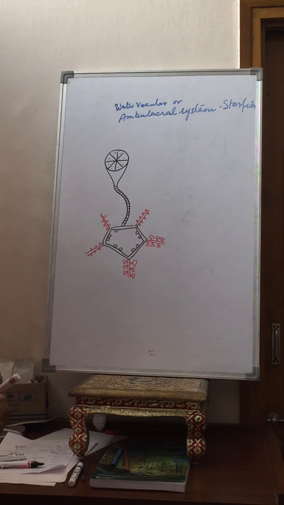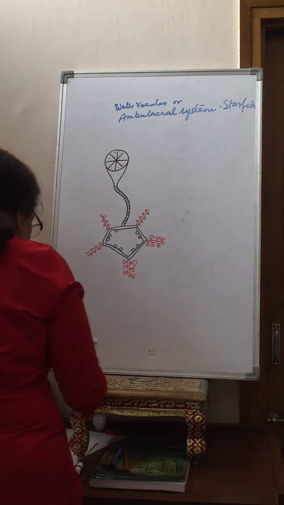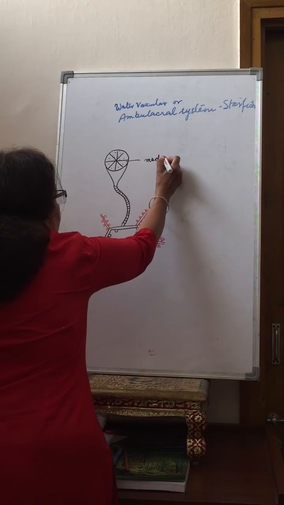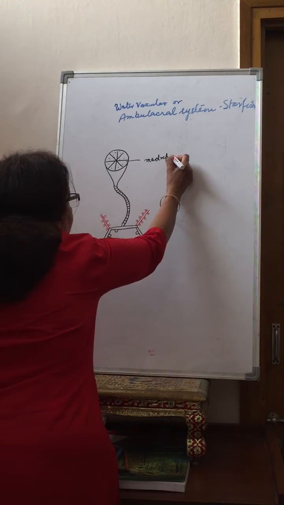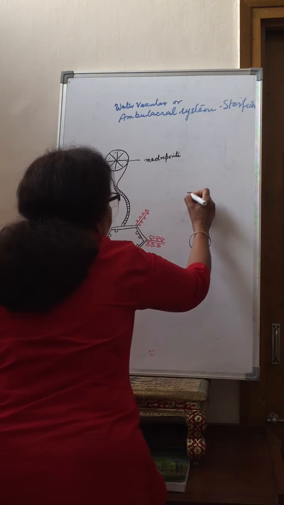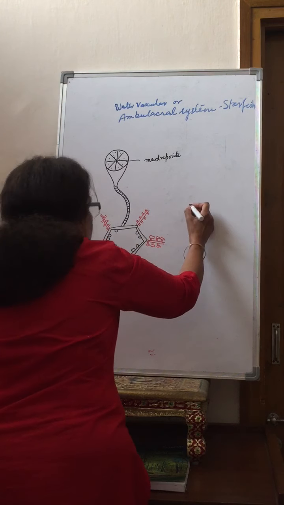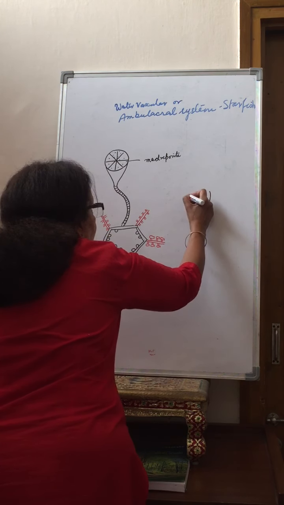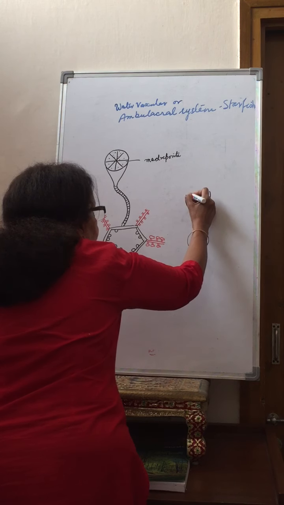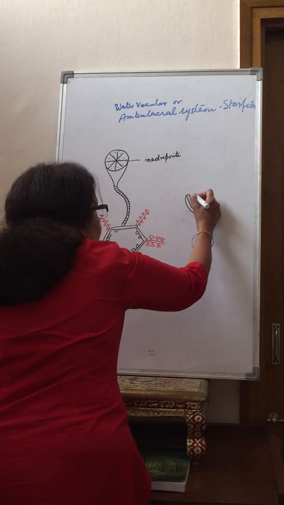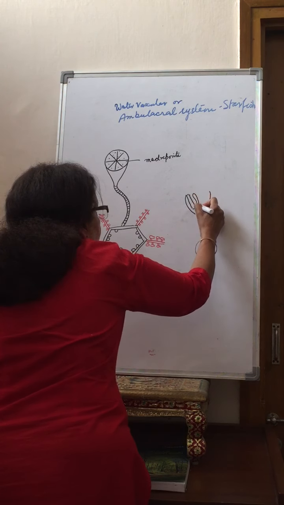Now if we label it, this is the madreporite, which is present on the aboral surface, and it has got grooves in it. It is something like this.